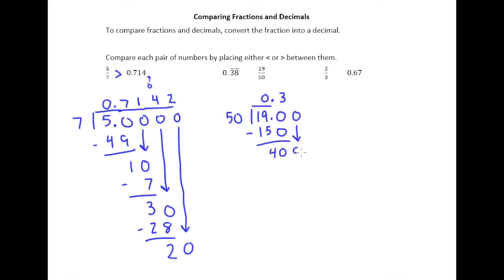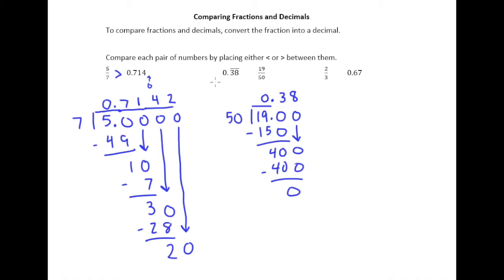Drop the 0. Now 50 goes into 400 8 times, because 5 goes into 40 8 times, and then you're just adding a 0 to each number, so the quotient there is the same. So 8 times 50 is 400. And so what we can say is that 19/50 is the same as 0.38.